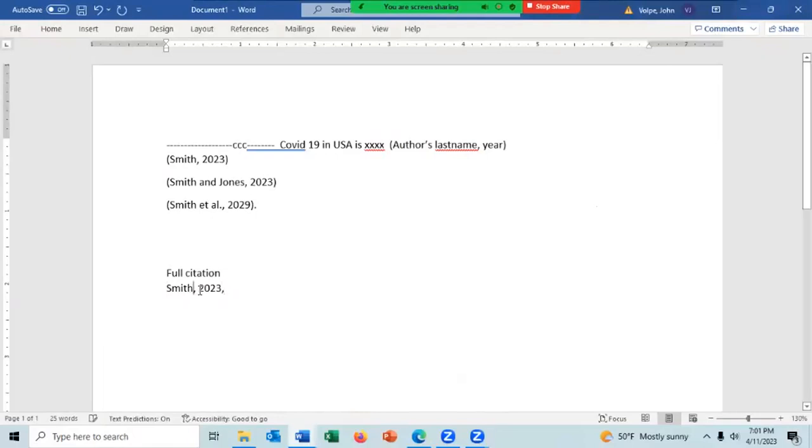Actually, you should have more than just Smith here. You should also have at least his initials. So we're going to go AJ, 2023. You then give the article name.